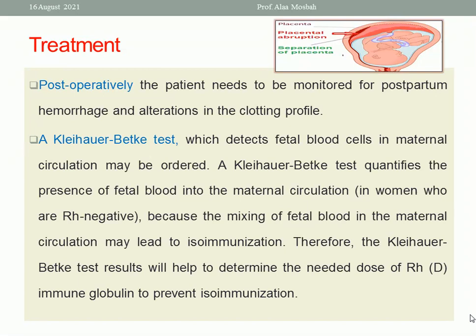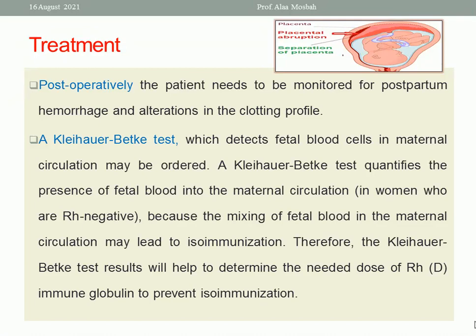Remember this very well. If the patient is Rh negative and her husband Rh positive, and she is not sensitized, she needs anti-D immunoglobulin, but it is preferred to do a Kleihauer-Betke test. Why do you do the Kleihauer-Betke test?